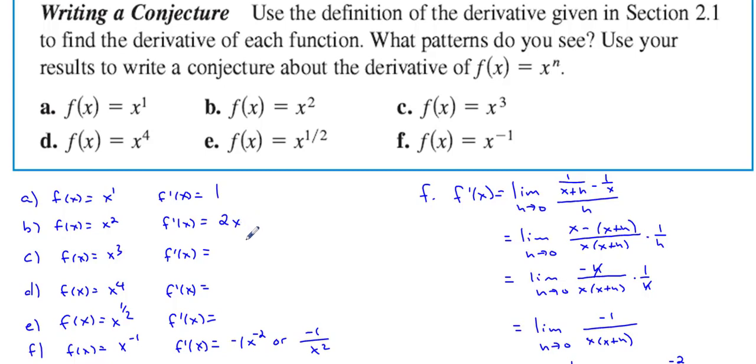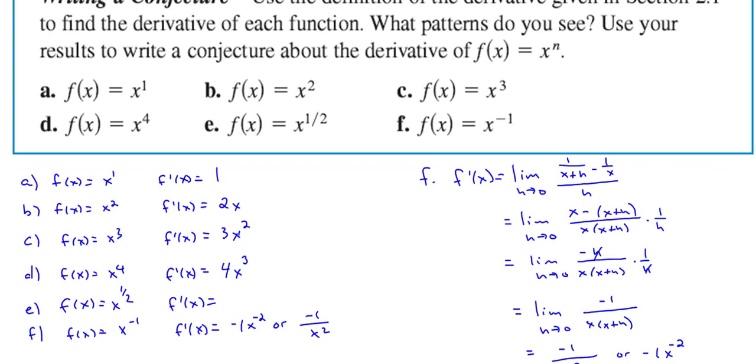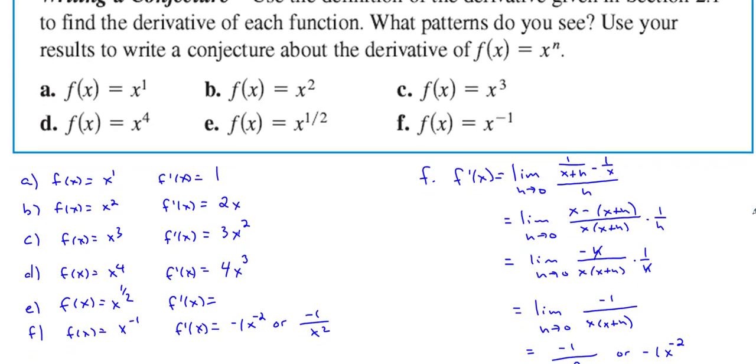Row C, row D, you guys wrote it all out? Use your math muscle. X plus h times x plus h times x plus h times x plus h. Or use Pascal's triangle. Anybody use Pascal's triangle over there? Yeah, no. E, what'd you guys get?